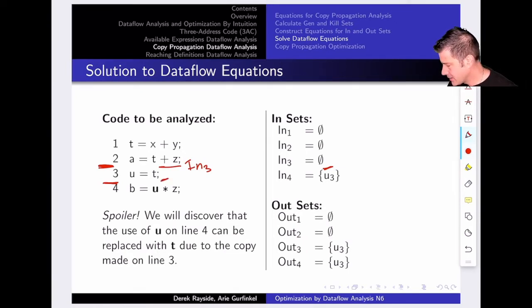Right after, at in 4, we have one copy, u3. And then that copy survives the statement because the statement doesn't change anything that the copy depends on. So it doesn't set t. And so we have u3 is an available copy at out 3 and out 4.